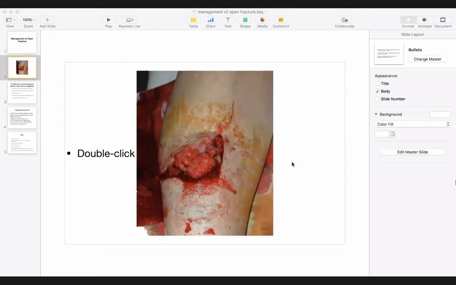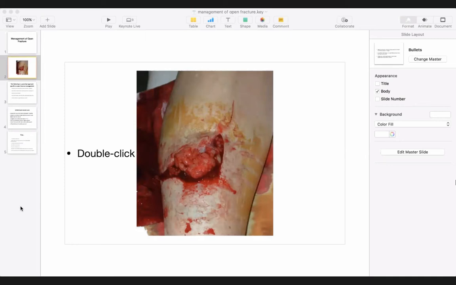So how do you start? AMPLE history. Yes. So what about AMPLE history? A for allergy, doctor. M for medication. P for past medical and past surgical. L for last meal. E for the event.